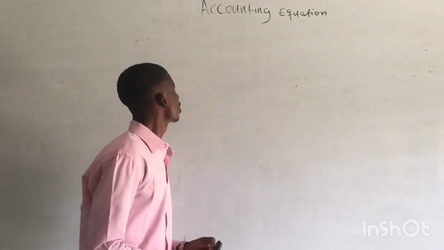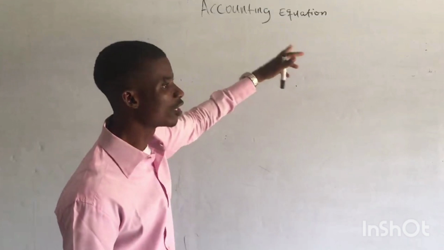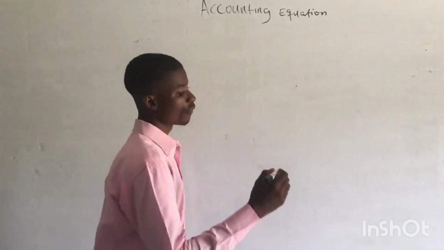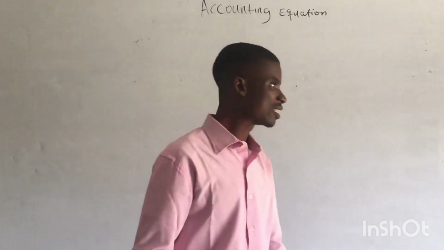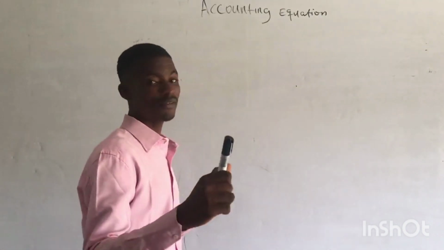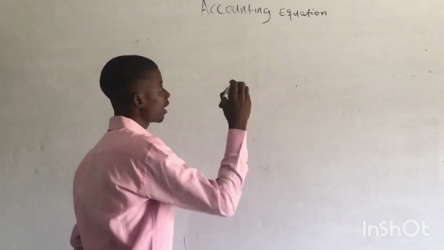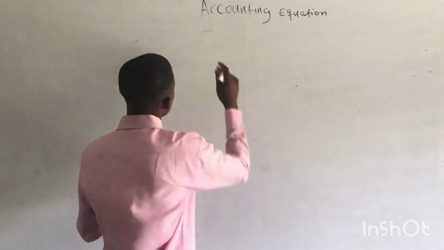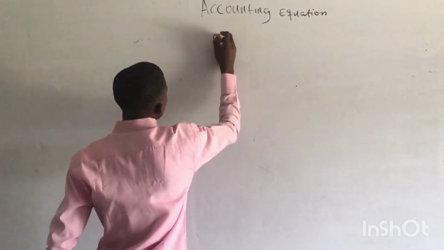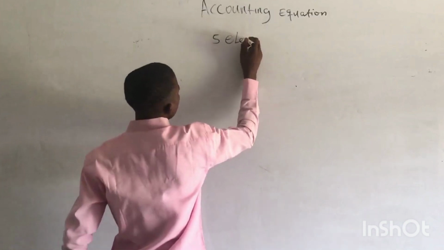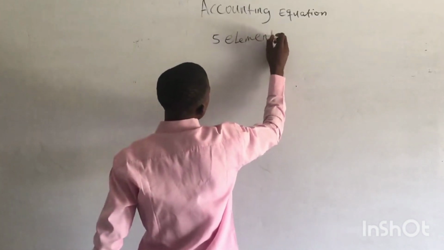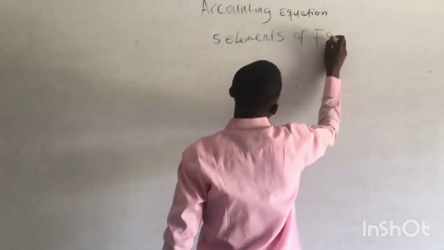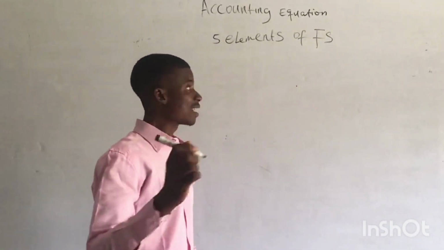So, the topic we are going to look at is accounting equation. In my previous video, we talked about the 5 elements of financial statements. We say that the 5 elements of financial statement are: one is assets.